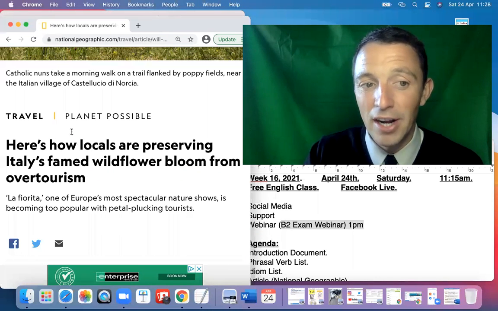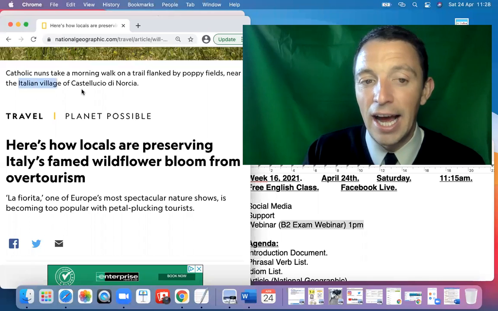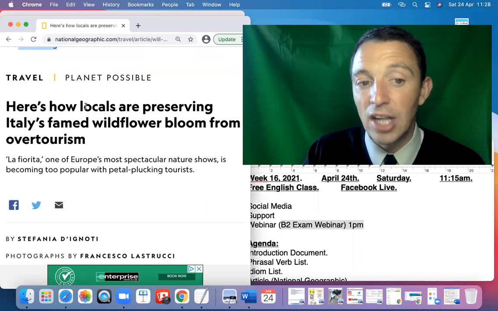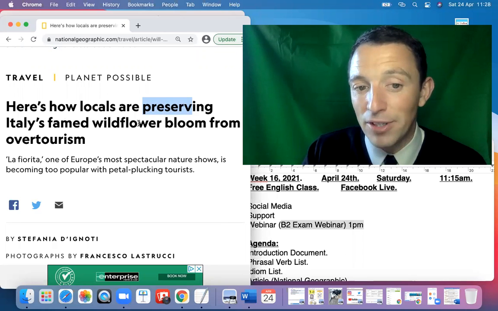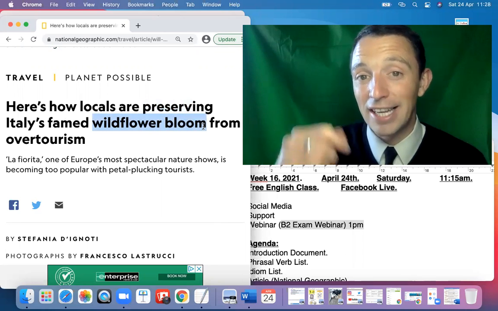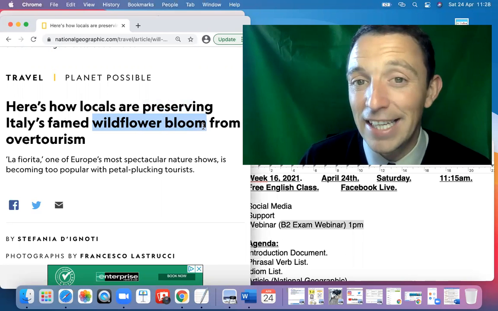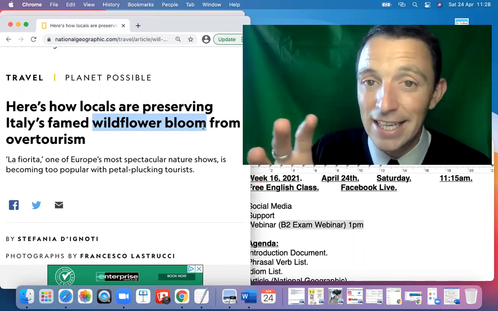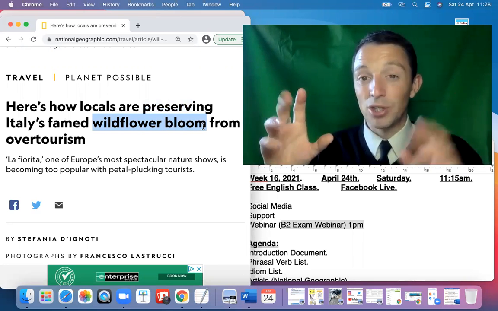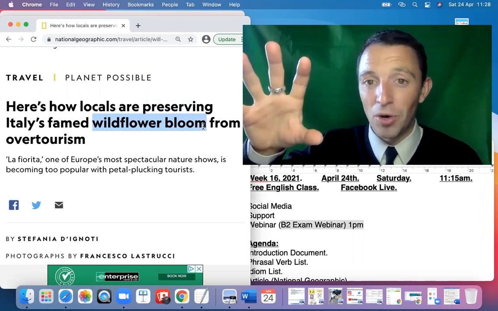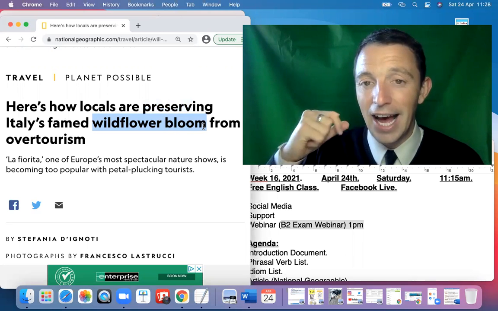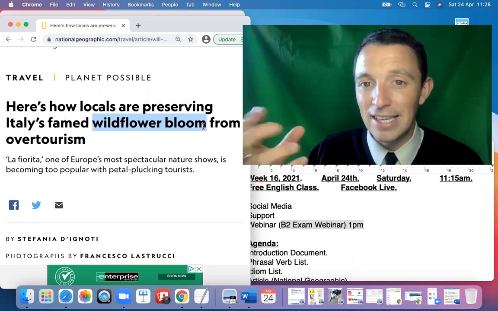Okay, so the picture here is an Italian village, and the title is "The Locals Are Preserving the Flowers." Okay, so it's very related to nature, and the topic is about protecting the nature and protecting the flowers in Italy in relation to tourism. So for example, Venice, Barcelona, they receive a lot of tourists, and it's important to protect the city, protect the nature.